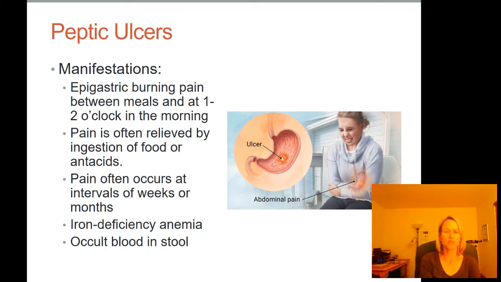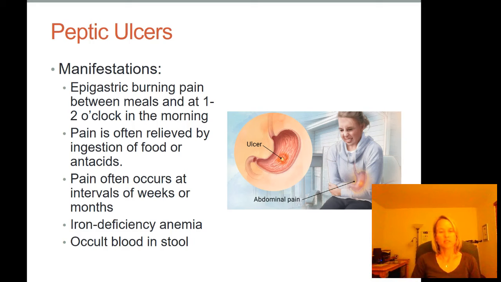This pain is usually relieved by ingestion of food or antacids. And this pain can occur in intervals of weeks and months, and then you could go through an asymptomatic period and then have another period of pain.